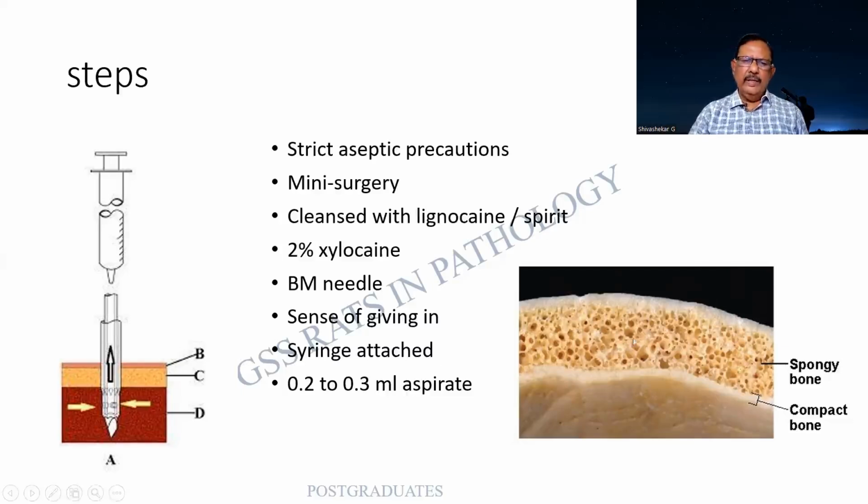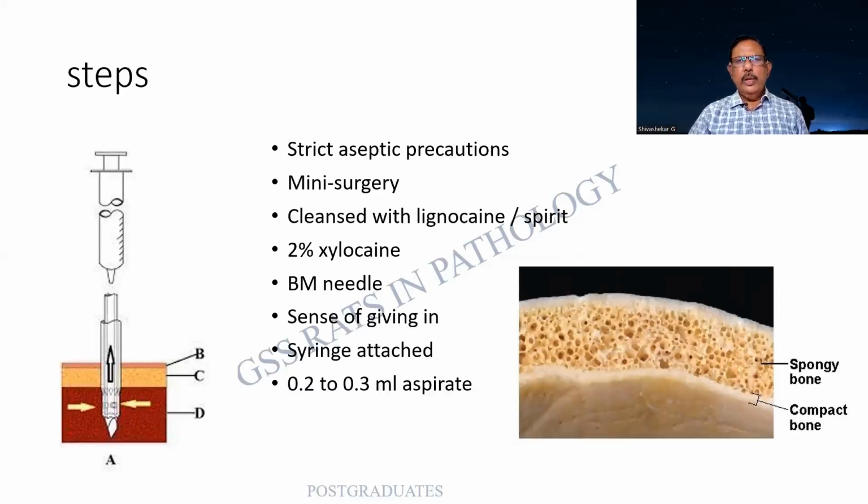After which a bone marrow needle is made to penetrate. The procedures we'll be dealing with later. Now, this is a bone and this is the spongy bone where the marrow is. After piercing the outer table, I will feel a sense of giving in. Take a plywood table and pierce a needle: once it goes into the powdery material, you find that it has yielded.